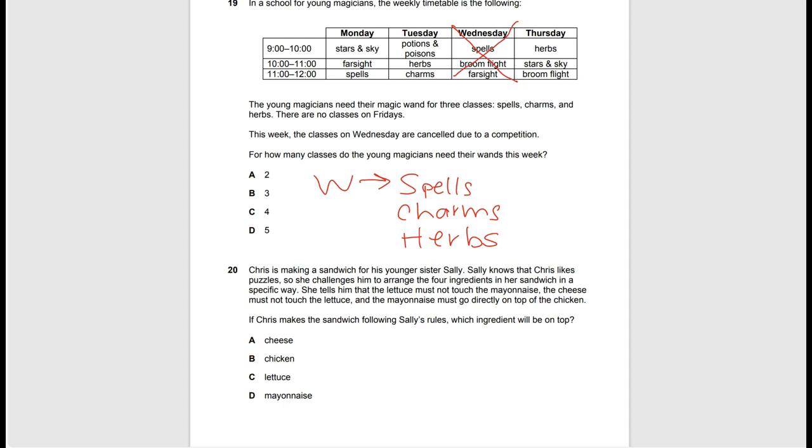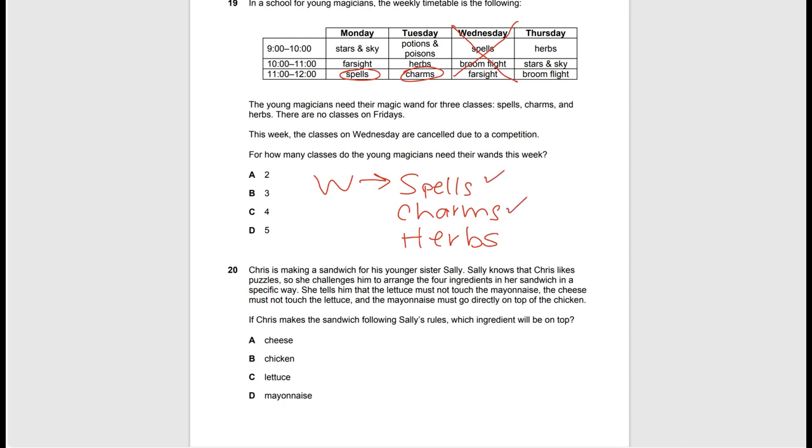So let's take a look and add up where our spells, charms, and herbs are. Let's start by circling all our spells. 1 spell. Wednesday's spell doesn't count, and no spells on Thursday. Let's do charms. No charms on Monday. 1 charm on Tuesday, and no charms on Thursday. So we've done both of these.